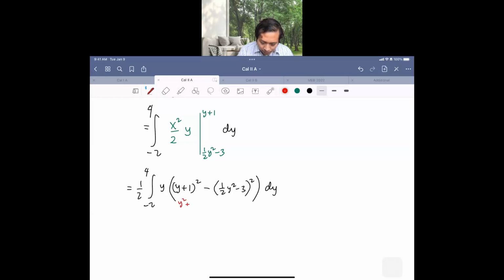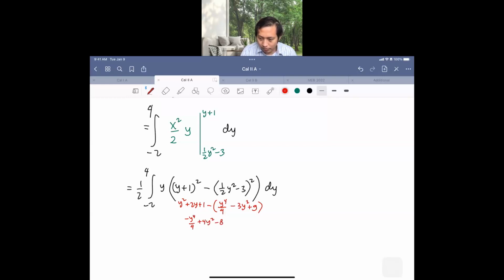Y squared plus 2y plus 1 minus y to the 4 over 4, so this should be y squared minus 6y squared, plus 1 minus 8.